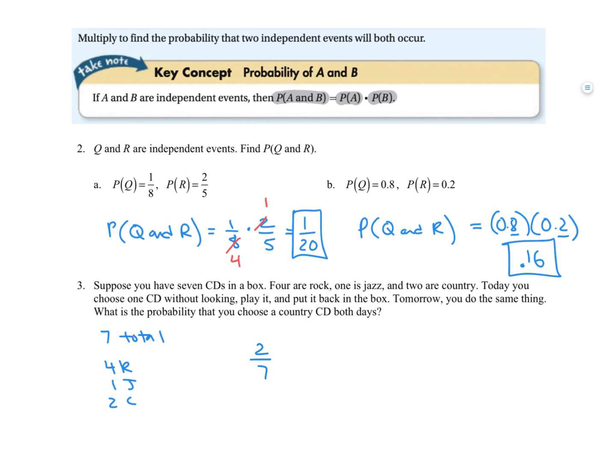And then it's key to pay attention to whether or not the item is replaced. And it does say that you put it back in the box. So the second day, you have the same set of CDs to choose from. So the probability of choosing country the second day is again going to be 2 over 7. We multiply those probabilities together and we get 4 over 49.